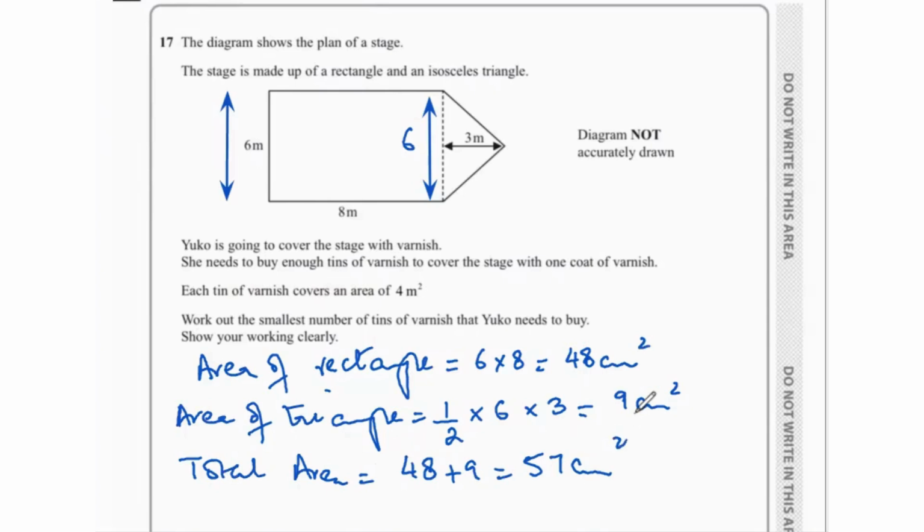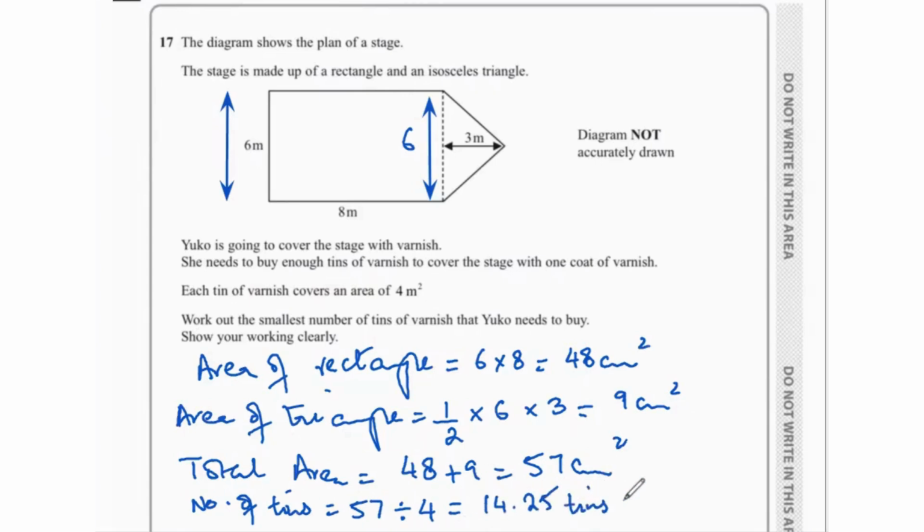So to find the number of tins, we will divide the total area of the stage by the area covered by each tin of varnish. So number of tins would be 57 divided by 4, and that gives us 14.25 tins.